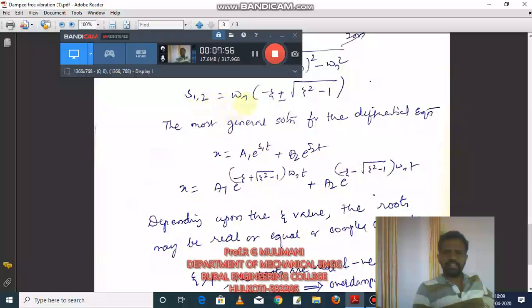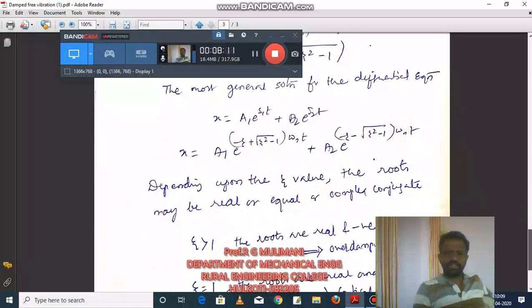For s1 you consider the positive value, for s2 consider the negative value. a1 and a2 are the constants. Just substitute the values of s1 and s2 here. This is the most general solution for any system.